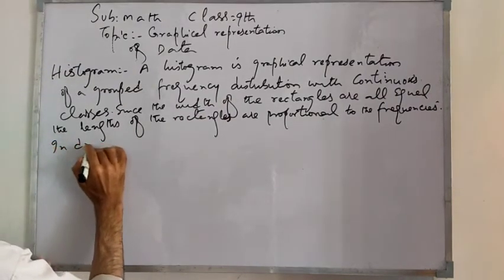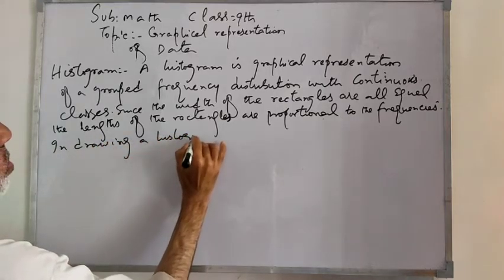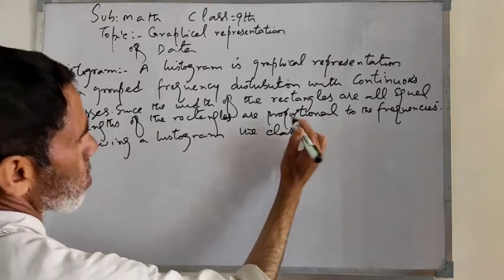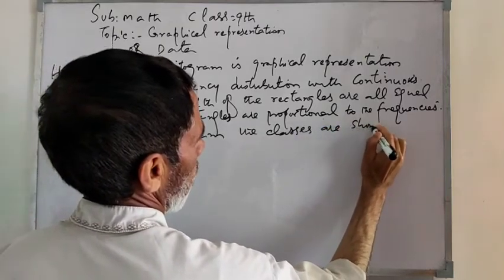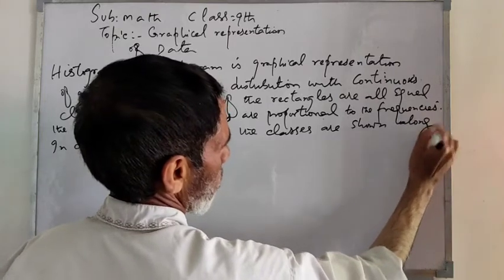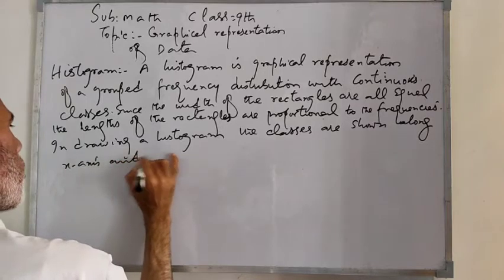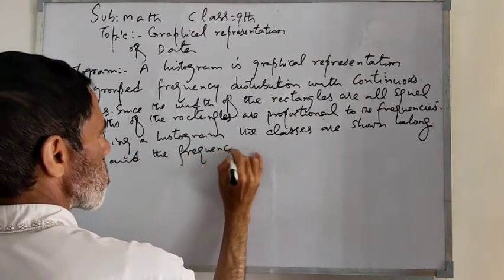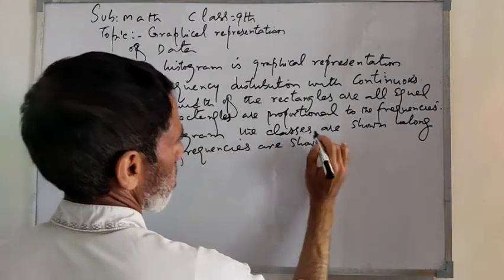In drawing a histogram, the classes are shown along x-axis and the frequencies are shown along y-axis.